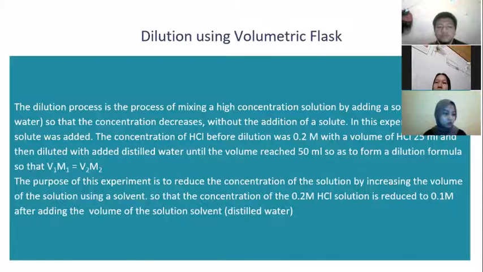The concentration of hydrogen chloride before the dilution was 0.2 molar with a volume of 25 milliliter, and then diluted by adding distilled water until the volume reached 50 milliliters, so as to form the dilution formula of volume 1 multiplied by concentration 1 equals volume 2 multiplied by concentration 2.